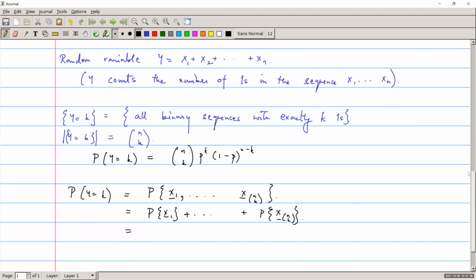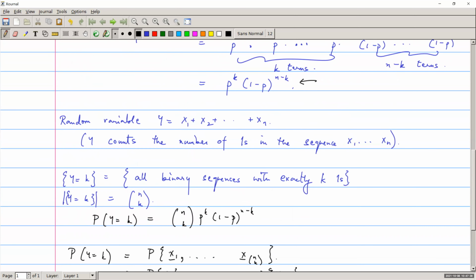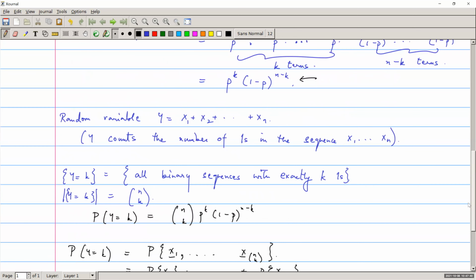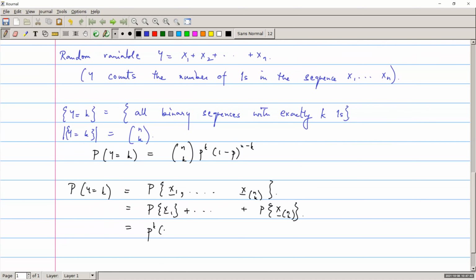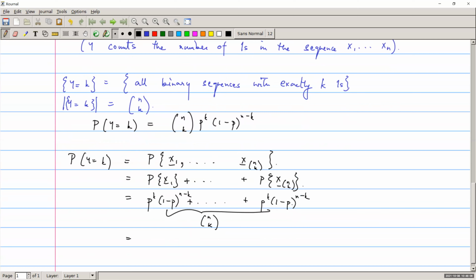That is exactly the calculation here: p to the k times 1 minus p to the n minus k, and this is true no matter which sequence it is, so long as it has exactly k ones and n minus k zeros. So there are n choose k terms, each of which is p to the k times 1 minus p to the n minus k.